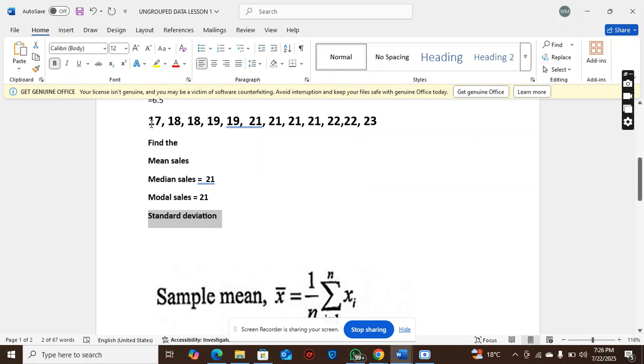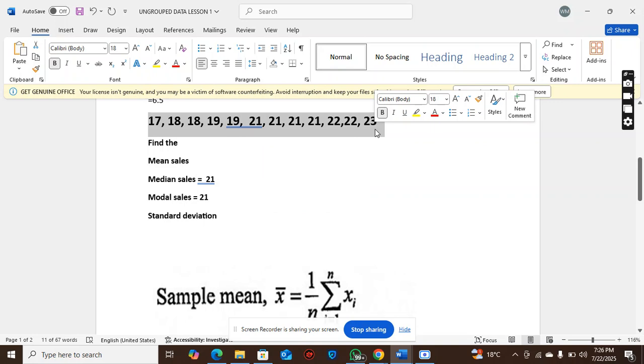Already from the way it looks here, you can tell there's a small standard deviation because the sales are really close to each other. So you expect a smaller standard deviation.